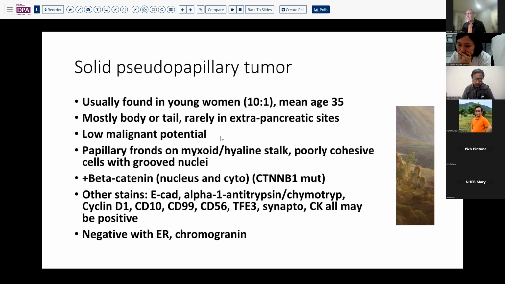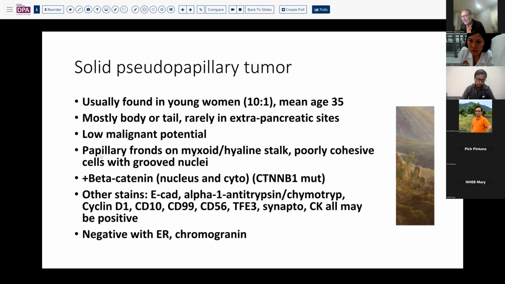And in its early stages, it has these very papillary type fronds that have a hyaline stalk. And the cells that emanate from that stalk are relatively poorly cohesive. They tend to have grooved nuclei. And it's associated with a beta-catenin expression, both in the nucleus and the cytoplasm, because there's a CTNNB1 mutation, which is responsible for that expression.